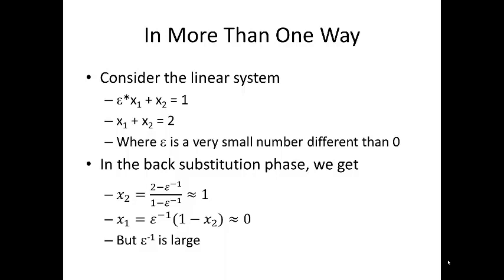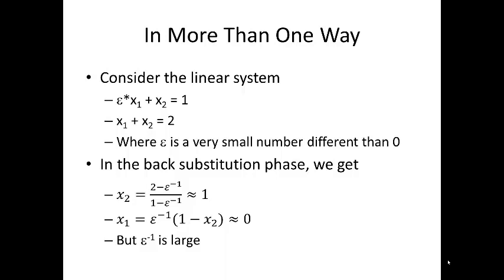When we do the back substitution phase for naive Gauss, we get x2 is equal to 2 minus epsilon to the minus 1, divided by 1 minus 1 over epsilon. And that's approximately 1, because again epsilon is quite small. And x1 is equal to epsilon to the minus 1 times 1 minus x2, which is approximately 0.